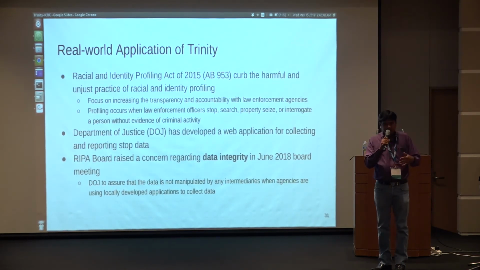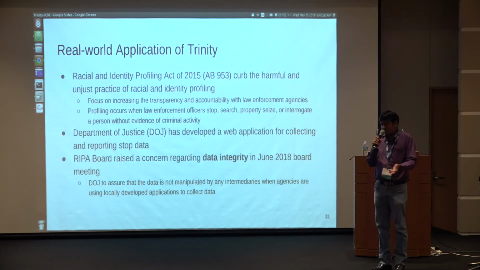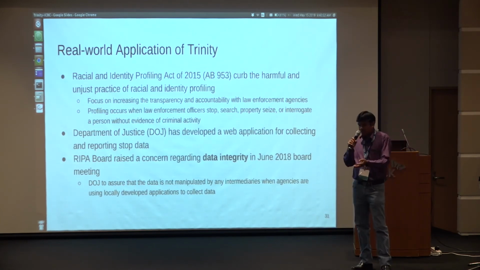Profiling happens whenever a law enforcement officer stops a person without evidence to check. There is a problem in the US that it is not done in a fair manner, that they are targeting people of certain race, religion, ethnicity, and so on. So they wanted to prevent this problem.